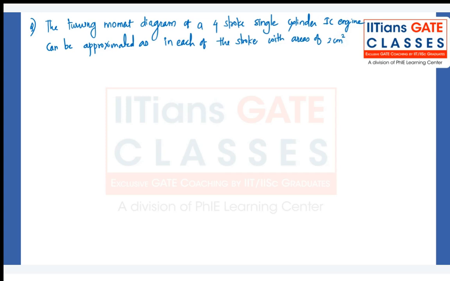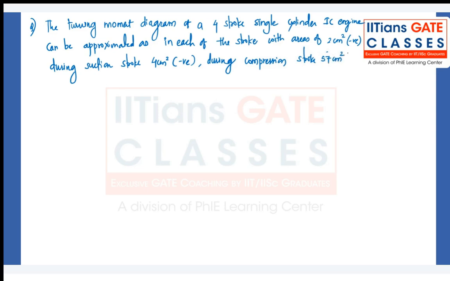I would say negative during suction stroke, 4 centimeters square, negative. During compression stroke, 57 centimeters square, positive.